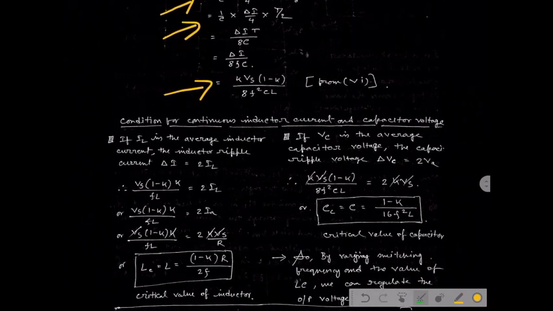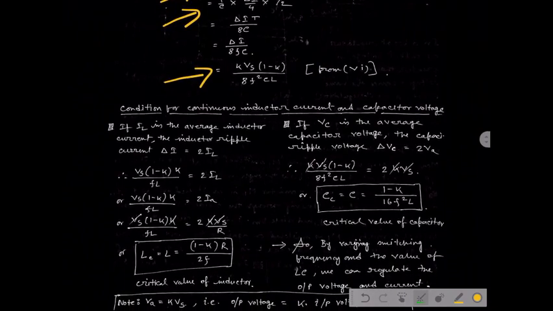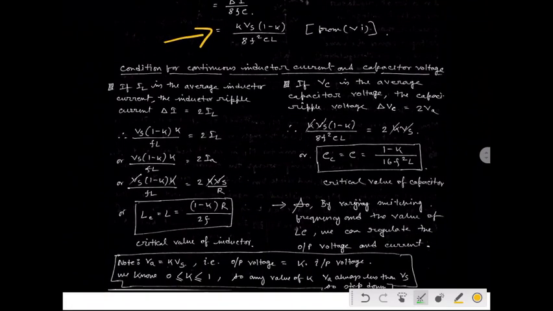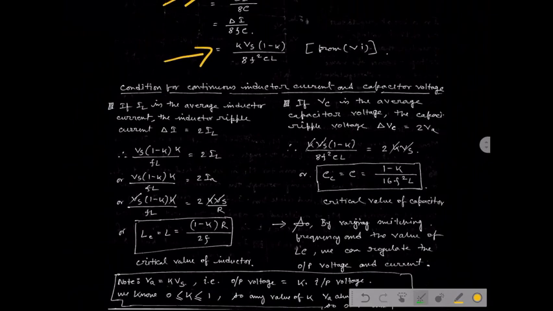Now the conditions for the inductor current and the capacitor voltage, that means for designing the inductor and capacitor: what will be the critical values of the inductor and the capacitor that should be chosen during designing for industrial applications?